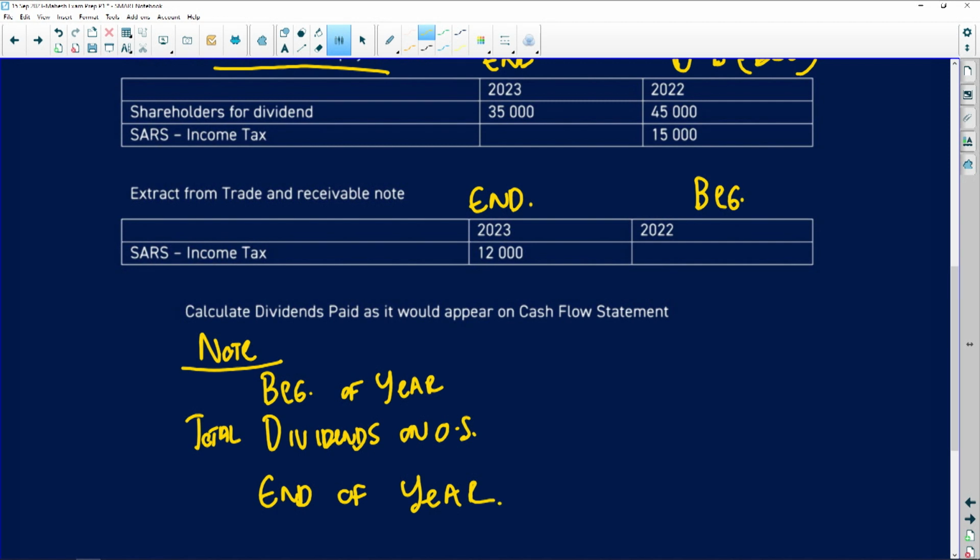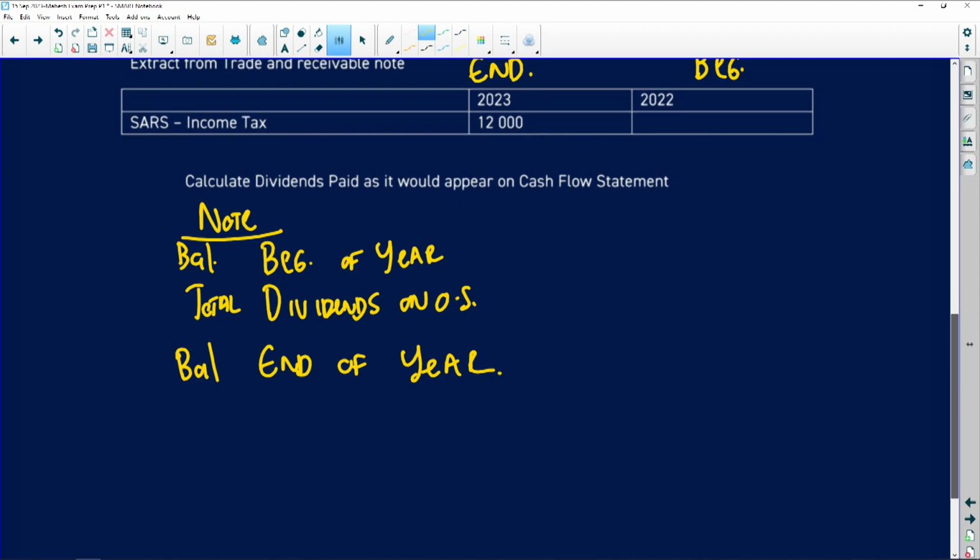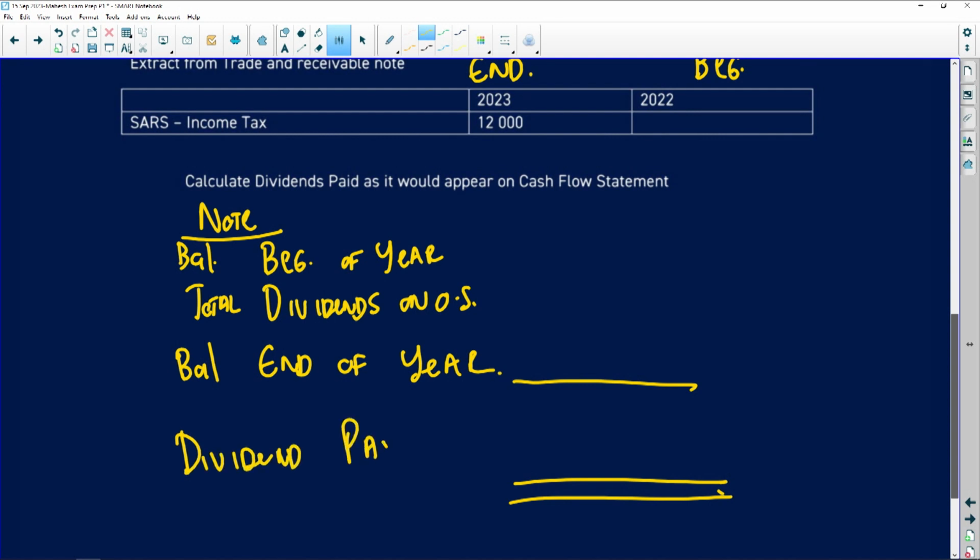Okay, so this is balance at the beginning to shareholders, balance at the end, total dividends on ordinary shares, and that would then enable me to calculate what was physically paid for the year. So dividends paid.